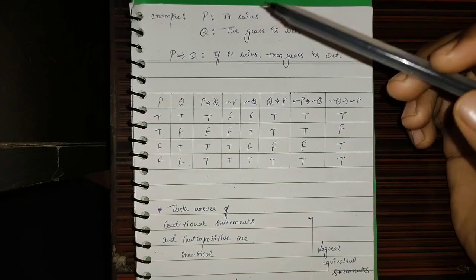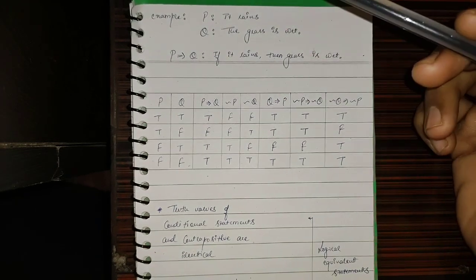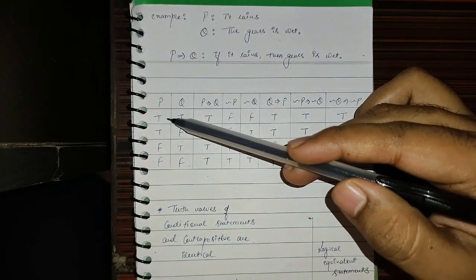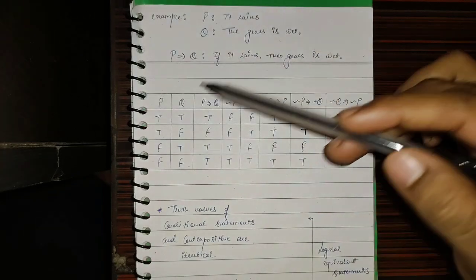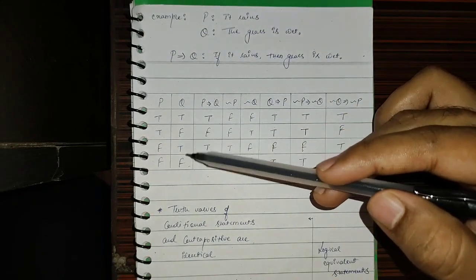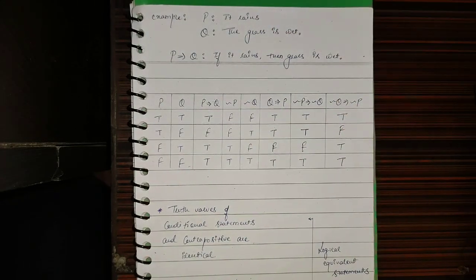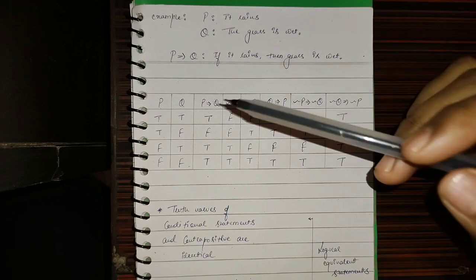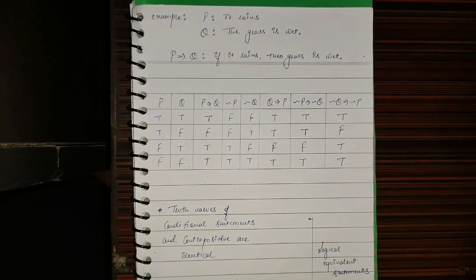To write the truth values, P is taken as true, true, false, false. Q is true, false, true, false. And the conditional statement P implies Q is true, false, true, true. All of this we have seen earlier.